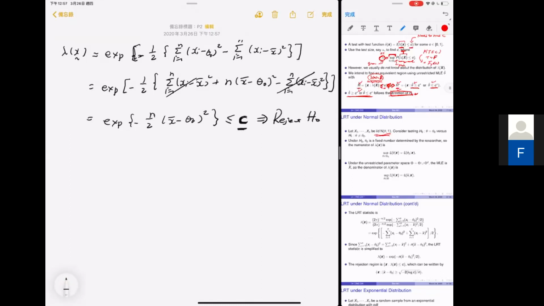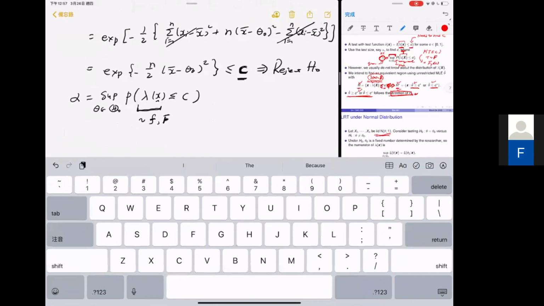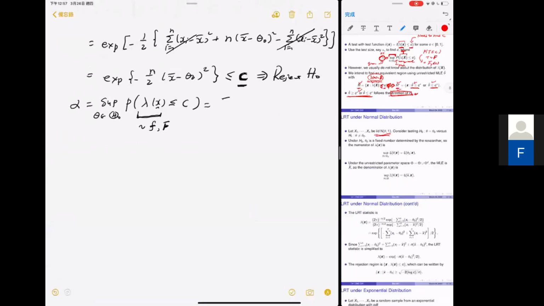I said we use alpha to find the cutoff. The definition of type 1 error is the probability that lambda x is smaller than c, equal to alpha. As long as I know what distribution lambda x follows, F or whichever, I can use this to find c, because I do know alpha.